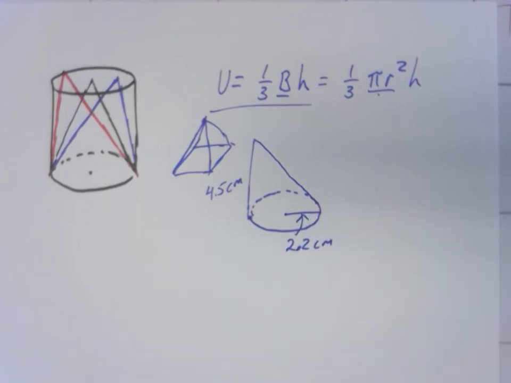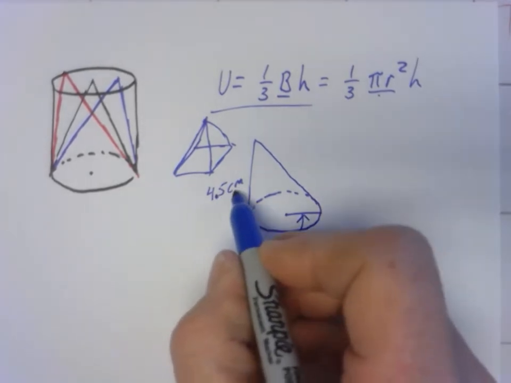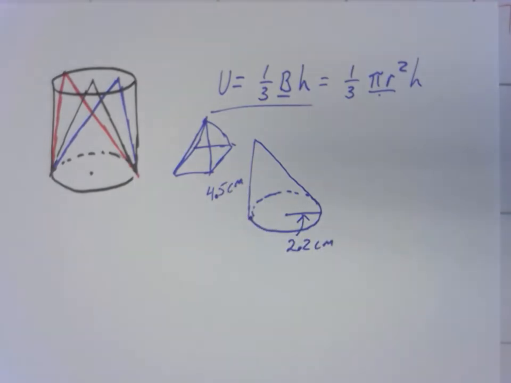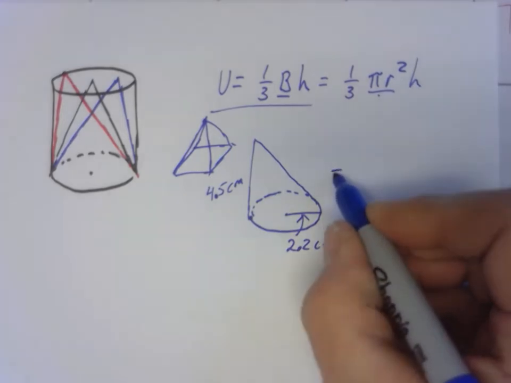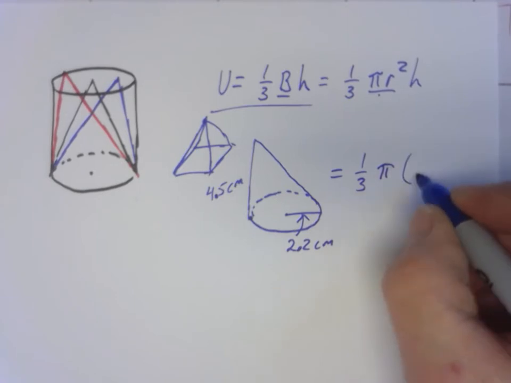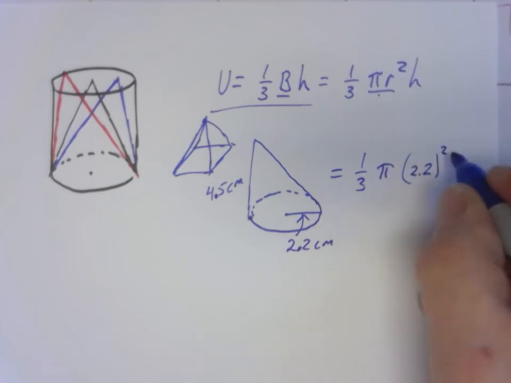Now, since this has already given us decimal numbers like this, you're probably going to be expected to get out a calculator and work this out. So as you fill out the problem, you have pi times the radius squared times the height.